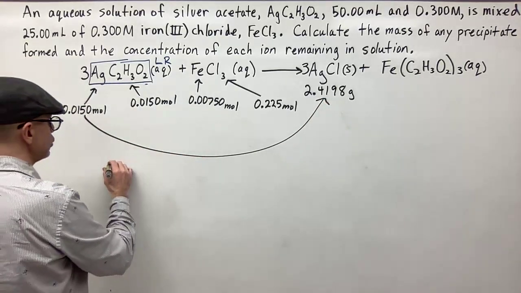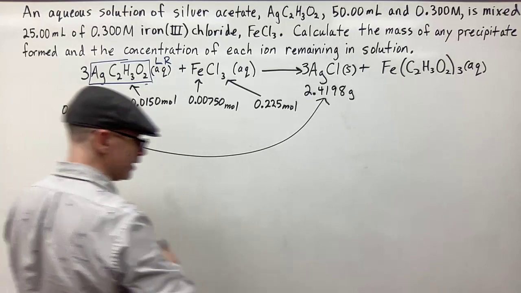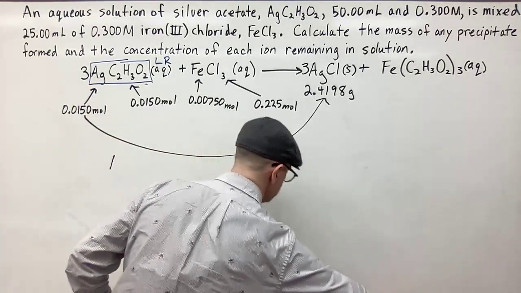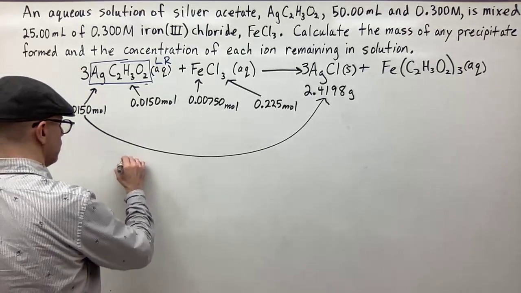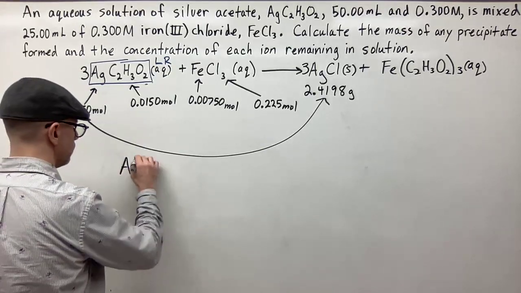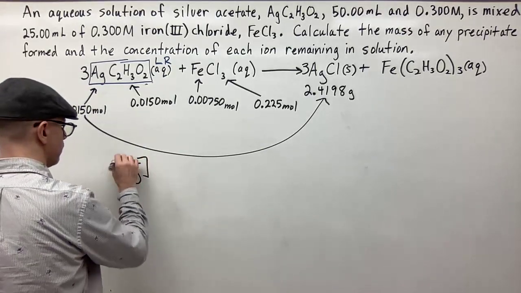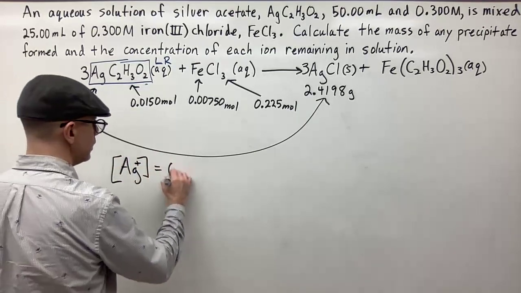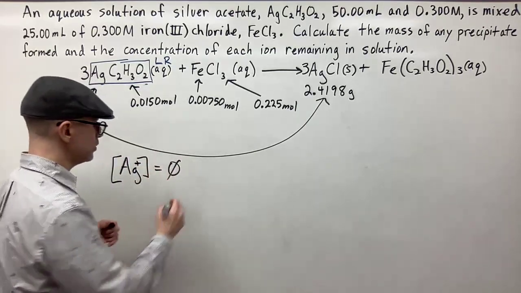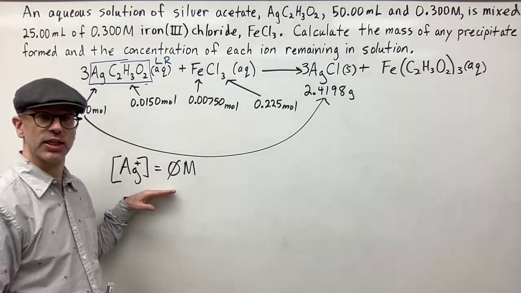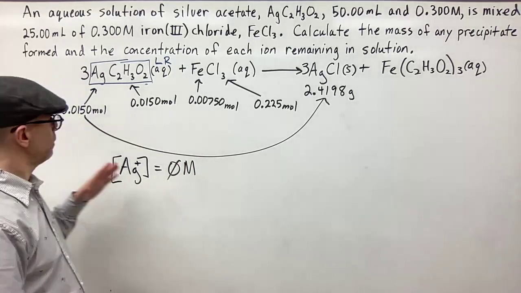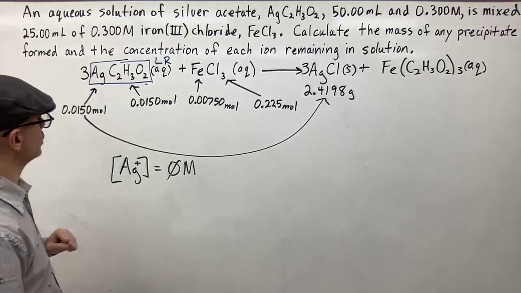So the concentration of my silver is going to be 0 molar. So that's the concentration of silver. I get that from the limiting reagent.